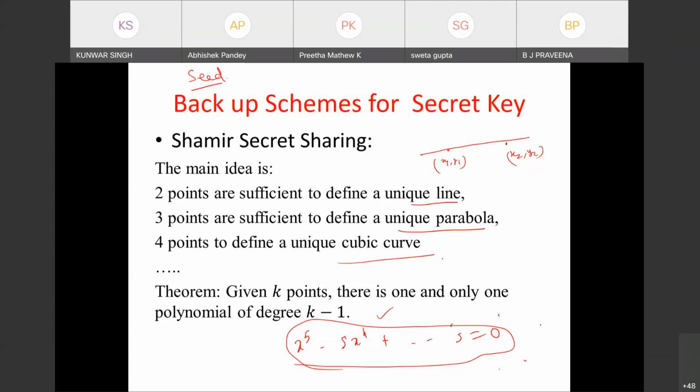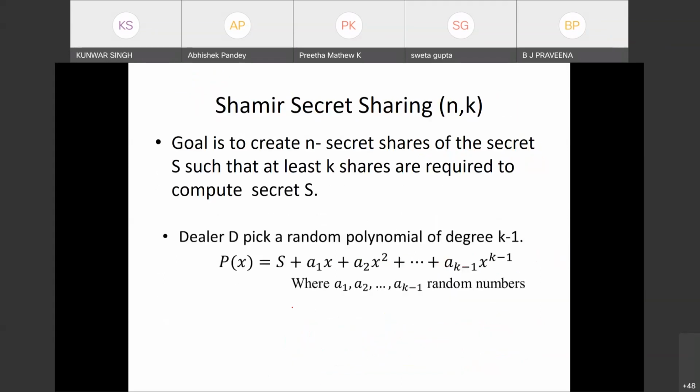If I give you 6 points, x1, y1 to x6, y6, there is a unique polynomial through these 6 points, and you can easily compute it. That's what this theorem says. So Shamir secret sharing is based on this theorem. Now let's see what Shamir secret sharing is.